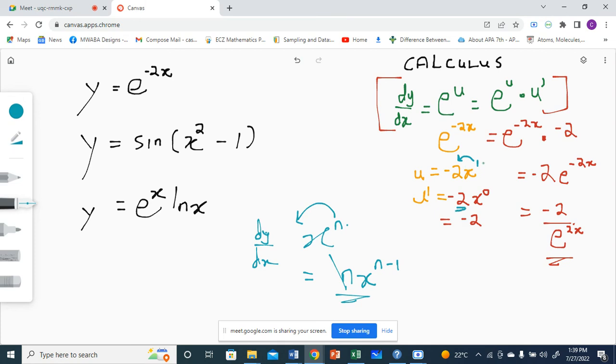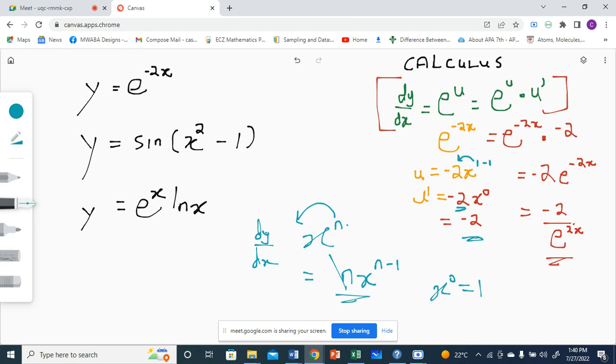Then we subtract 1 from the exponent: 1 minus 1 is 0. Remember from indices that x to the power 0 equals 1. That's how we got our negative 2 here.